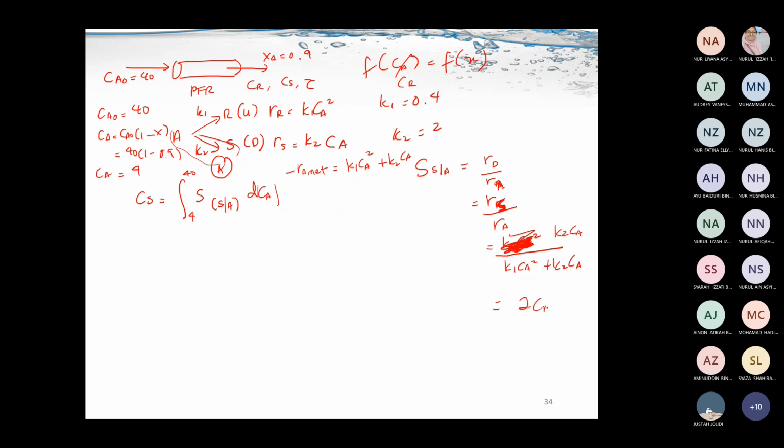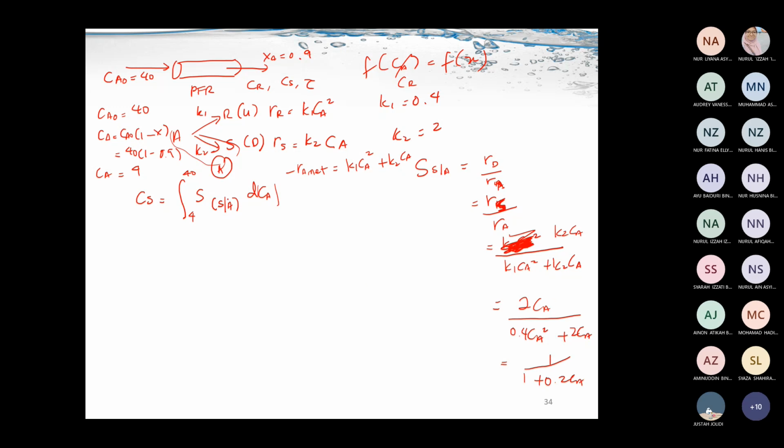Sama dengan 2CA over with the K1 adalah 0.4. So 0.4 CA kuasa 2 plus with the K2 2 CA. Okay, so you boleh simplifykan dia jadi 1 over 1 plus 0.2 CA. Simplifykanlah, buangkan CA dia. Semua bahagikan CA.